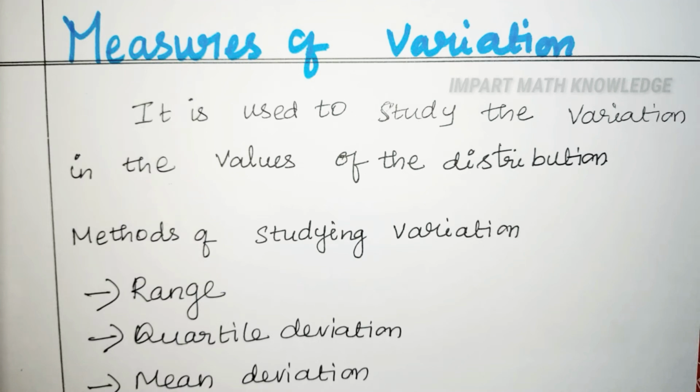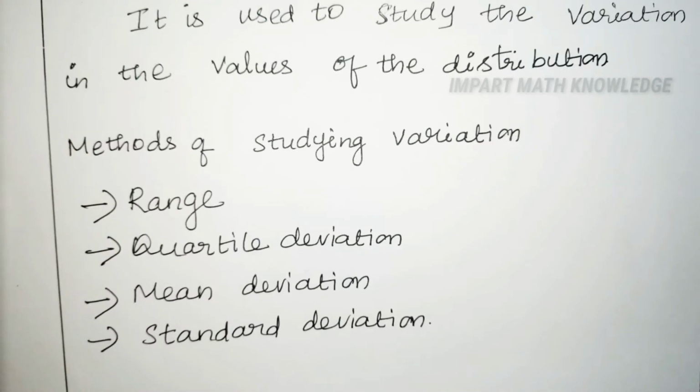In order to study this aspect of distributions, we have another characteristic called dispersion. Measures of variation are used to study the variation in the values of the distribution. Methods of studying variation: range, quartile deviation, mean deviation, and standard deviation.